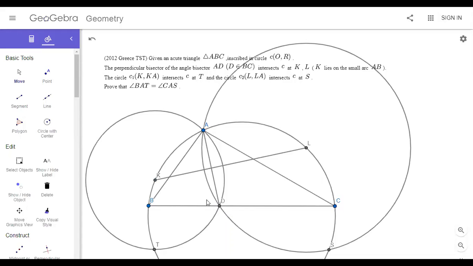So I guess we want to show KDA plus SDA is 180, right?